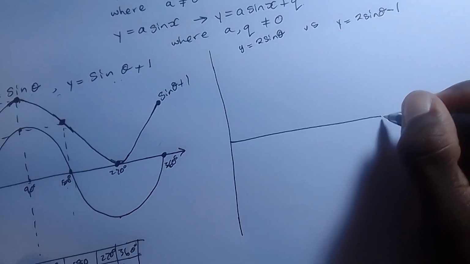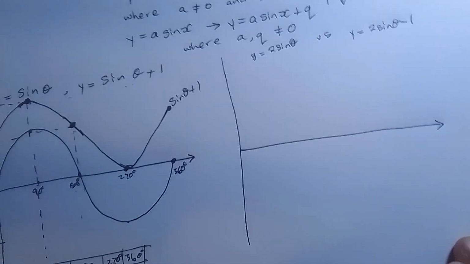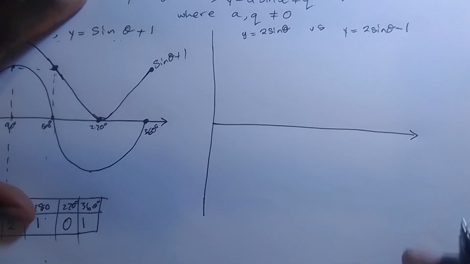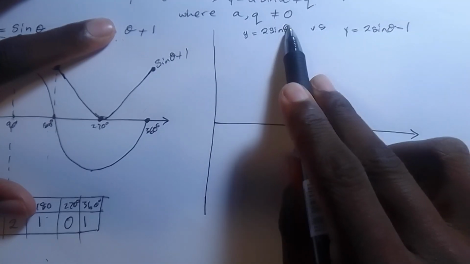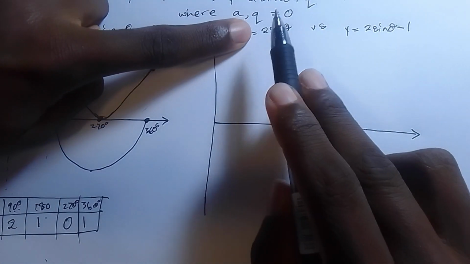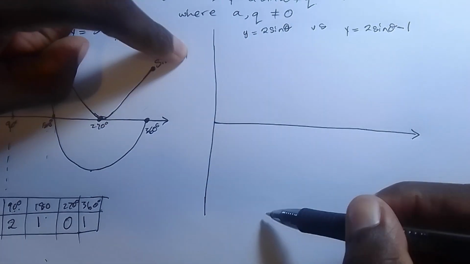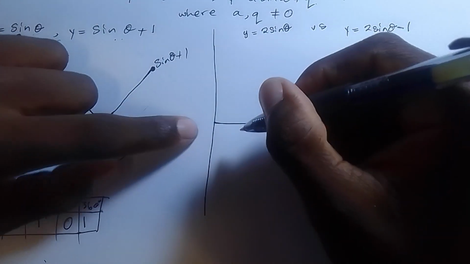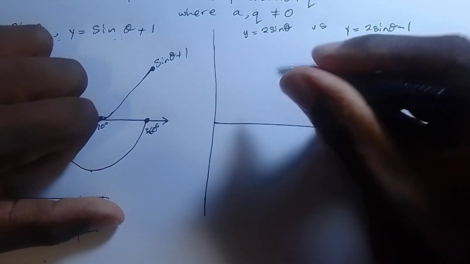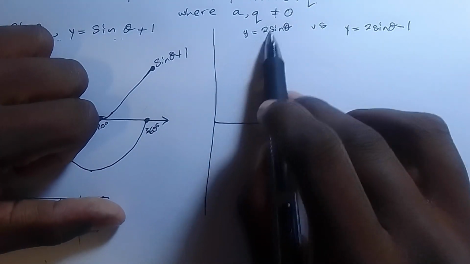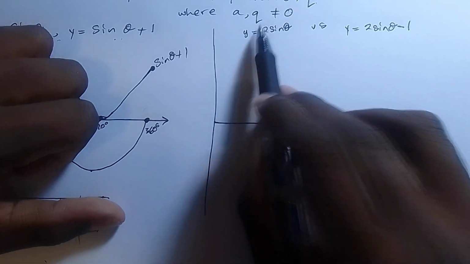Let's first draw this graph. This graph is going to look like the mother graph, except it's going to be at 2 and -2, the maximum. I'll link the video to where I talk about the amplitude.